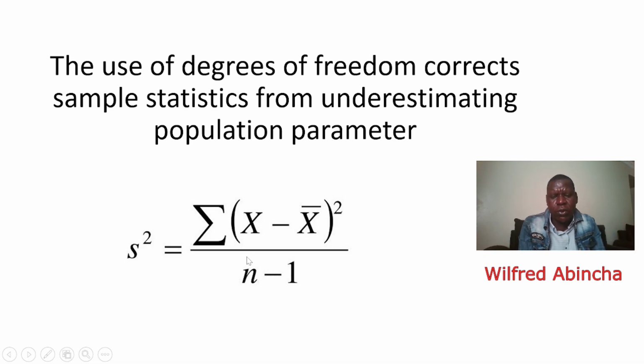If we use the whole sample size, the sample variance is going to be underestimated. But if we remove this one observation that was not independent from the sample size, the variance is going to be increased a little bit, thereby correcting the underestimation of the population parameter.